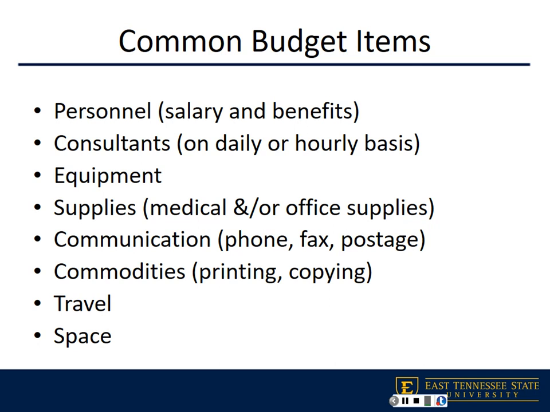So the common budget items, again, are listed on this slide. This is not an exhaustive list, okay? This is a sampling, again, of the most common items that you will find in a budget. The personnel are the people who are gonna be working on that project, okay?